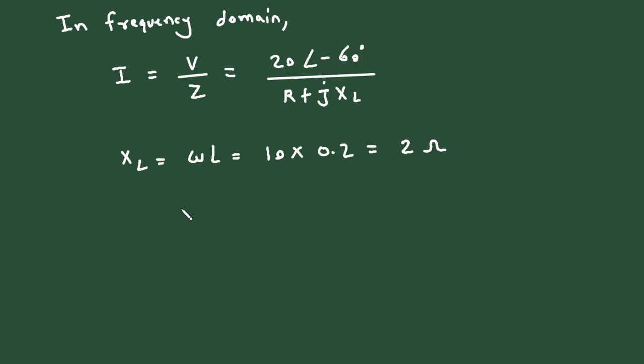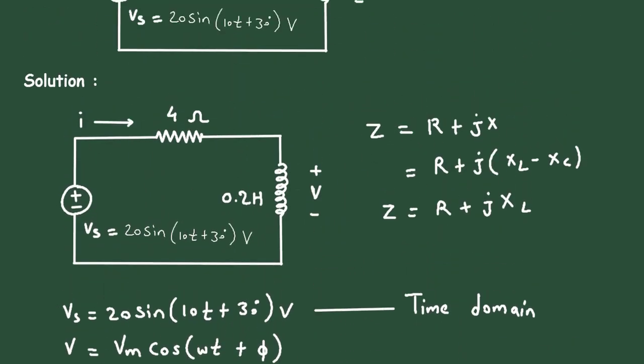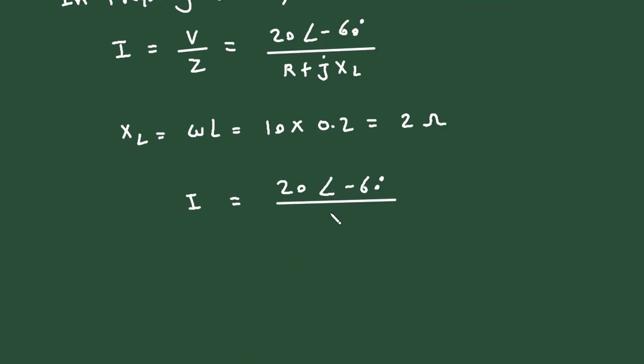So let's substitute it here. I is equal to 20 at an angle minus 60 degree divided by resistance. The value of resistance, here we can see, is 4 ohm. So 4 plus j XL, the value of XL is 2.